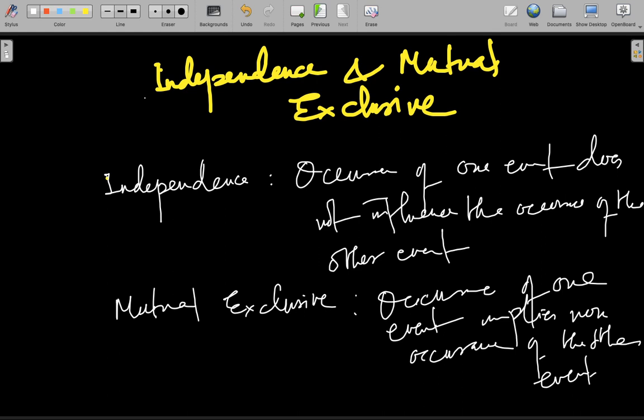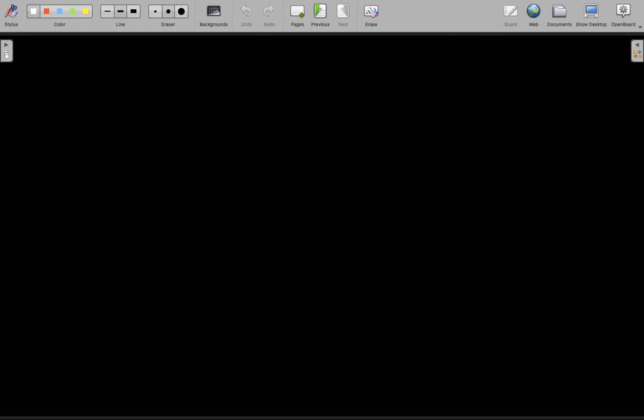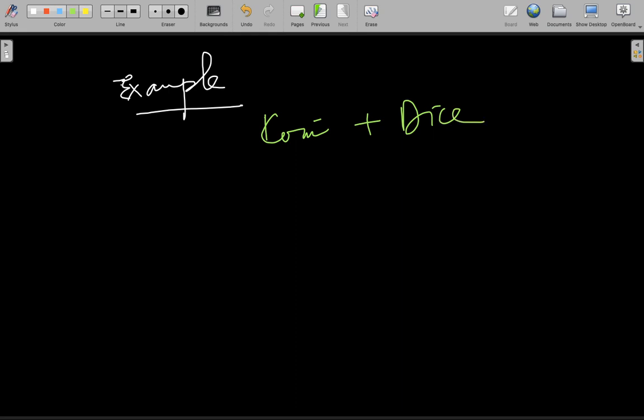Now I will show you an example to prove what I just said. This is an empirical example, the second way of illustrating it. Suppose I throw a fair coin and I roll a dice. Let event A be getting a head, and event B getting a 6.